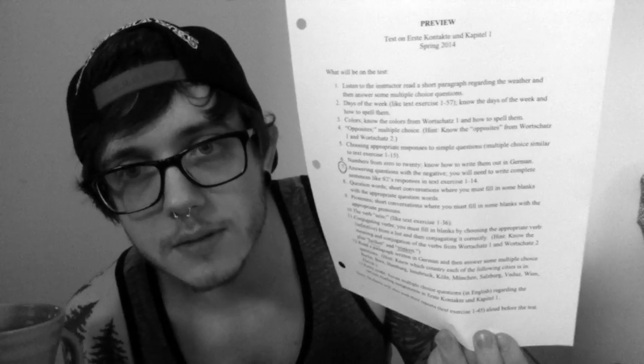This is helpful. So he actually prints out what's going to be on the test and in the order it's going to appear in. So it's kind of a softball. All right. Number 1, listen to the instructor read a short paragraph regarding the weather and then answer some multiple choice questions. That should be pretty easy.